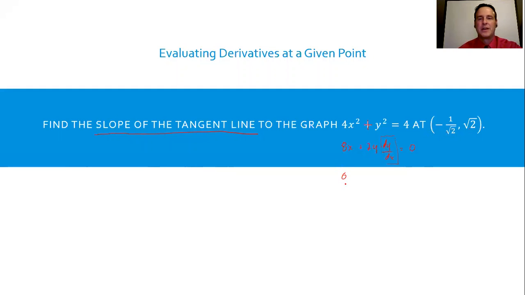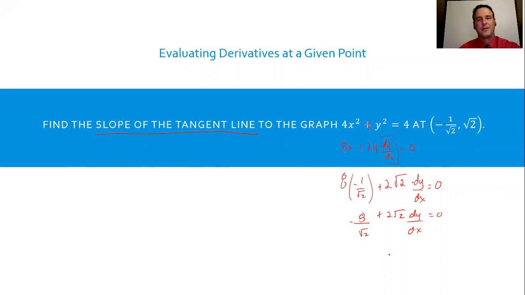So here's my x. My x is negative 1 over root 2, plus 2y, which is root 2, times dy dx equals 0. All right, so this is 8 over rad 2, and that's a negative, plus 2 rad 2 dy dx.